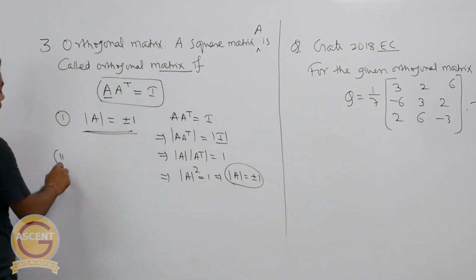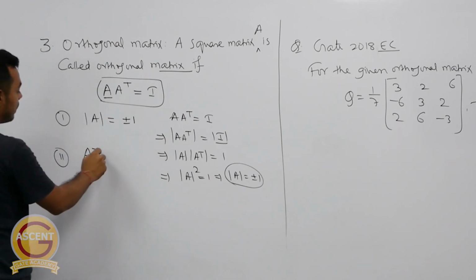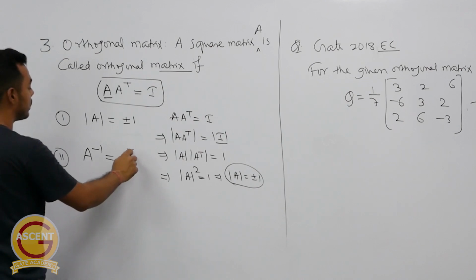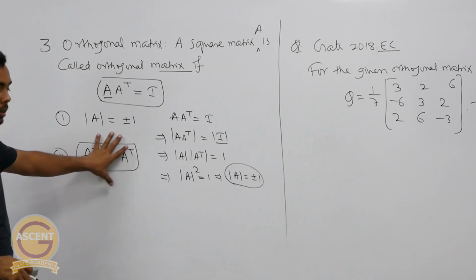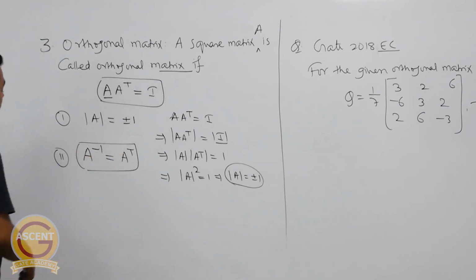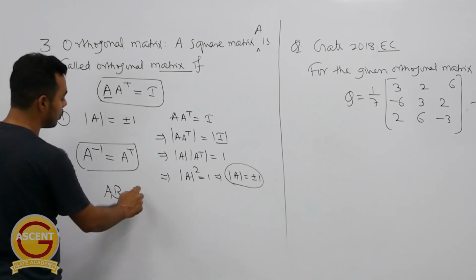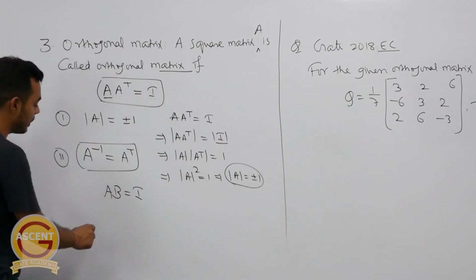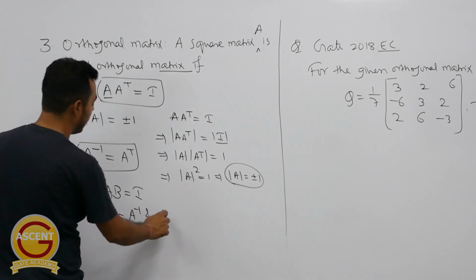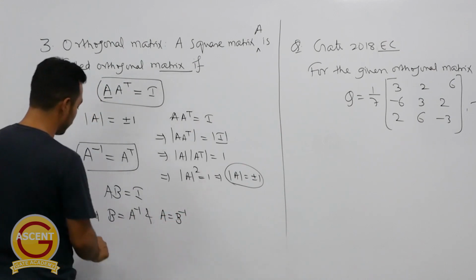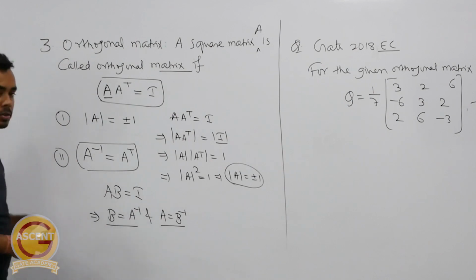And the second one, and this is a very important property, is that in case of orthogonal matrix, inverse of the matrix is simply the transpose of the matrix. So this is very, very important result. In GATE also questions were asked on this concept. So see, suppose I have two matrices A and B, and if the product of these two matrices is identity matrix, then we say that B is inverse of A and A is inverse of B. If the product of two matrices is identity matrix, then each matrix is the inverse of the other one.